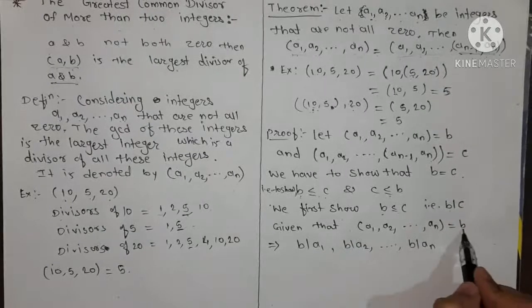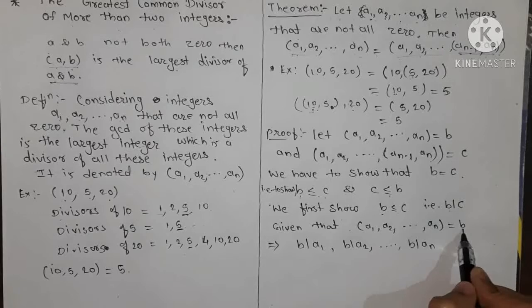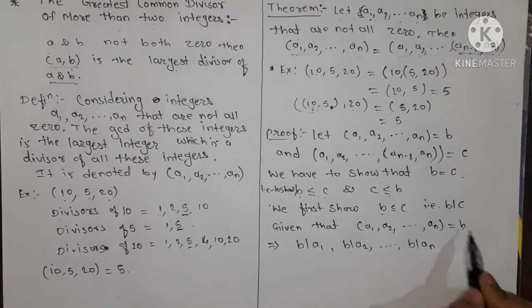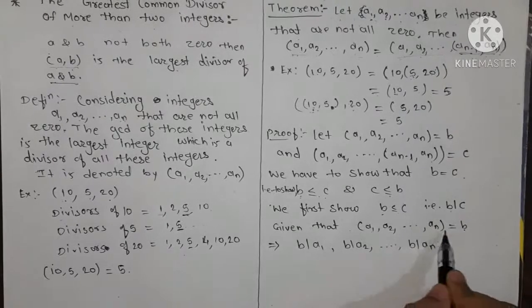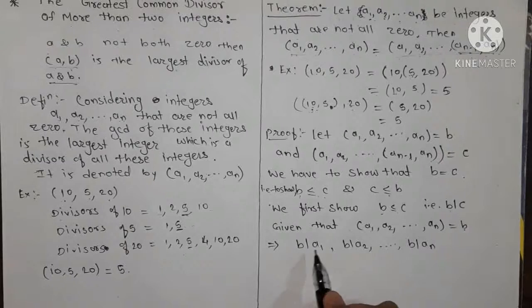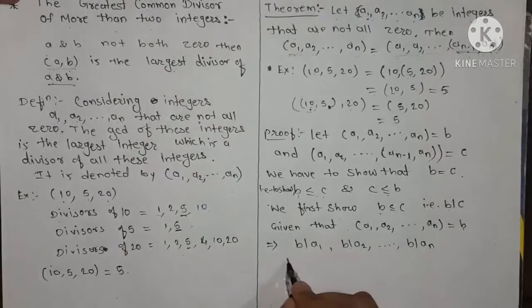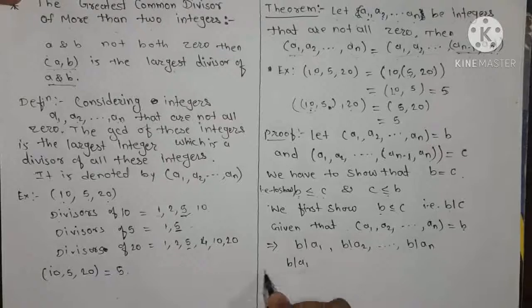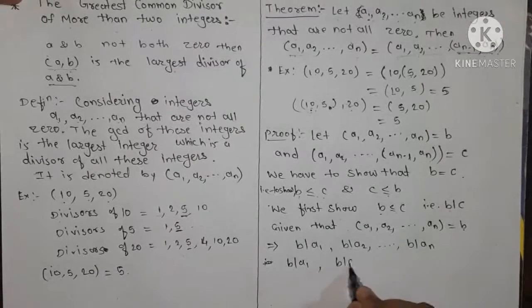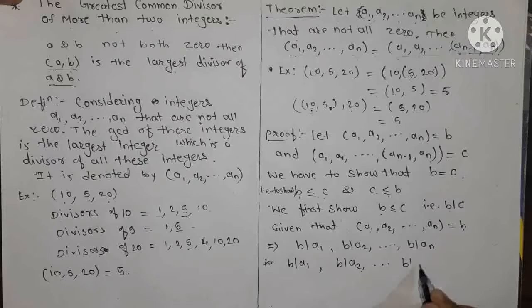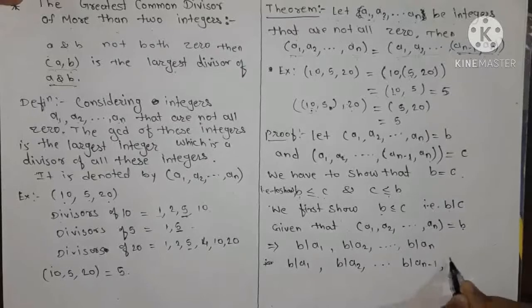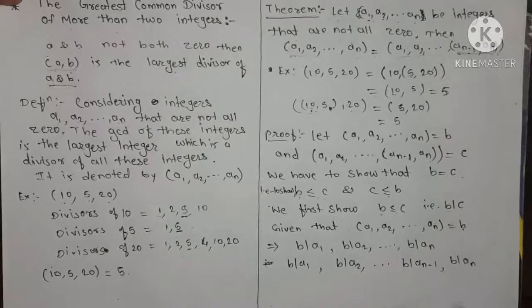Okay, since B is the GCD, that is the greatest common divisor, B divides all these integers and therefore we write here B divides A1, B divides A2 and so on, B divides AN minus 1, B divides AN.